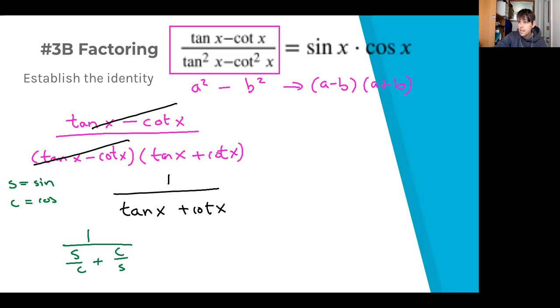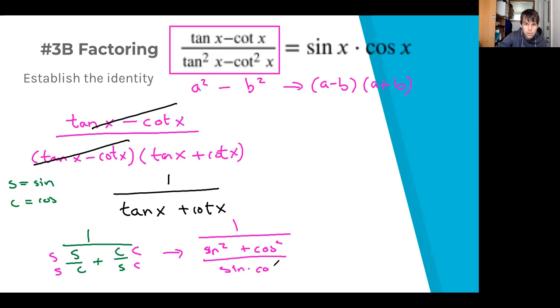I've got to get a common denominator here. So I'm going to multiply this one by s and this one by c so that I get sine times cosine on the bottom and the top. Let's write out what that looks like. This is 1 over sine squared plus cosine squared over sine times cosine.